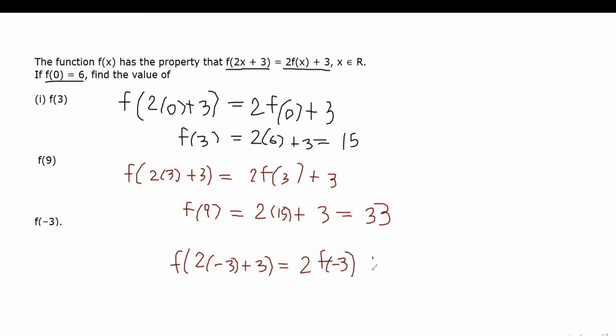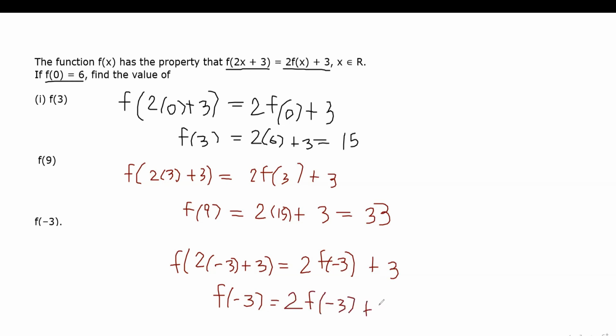Now look at this, Marika. 2 times negative 3 is negative 6. Negative 6 plus 3 is negative 3. So we get f of negative 3 equal to 2 times f of negative 3 plus 3.